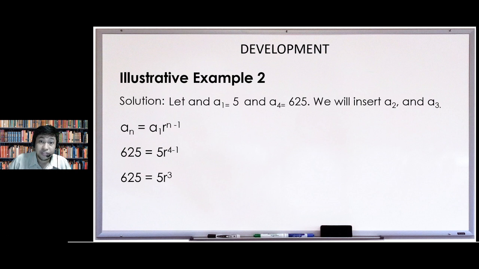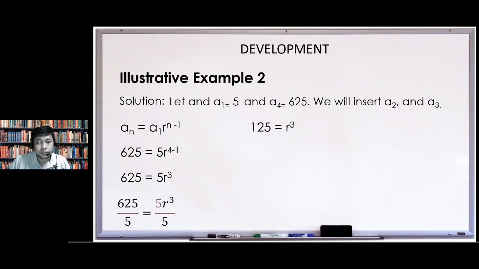To simplify this further, we can divide both sides of the equation by 5. So we have now 625 divided by 5 is equal to 5r cubed divided by 5. Simply, 625 divided by 5 is 125, which is equal to r cubed.